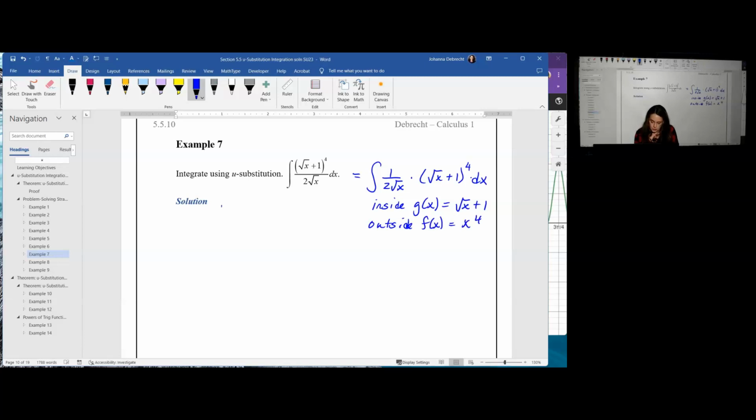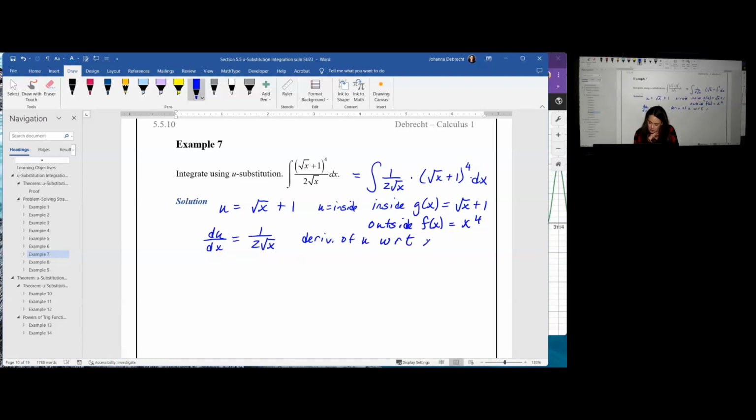Then I set u to be equal to the inside function, square root of x plus 1, and I take the derivative. When I take the derivative with respect to x, I get 1 over 2 square root of x. This is the derivative of u with respect to the original differential, which was dx.